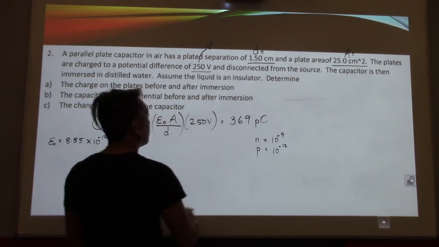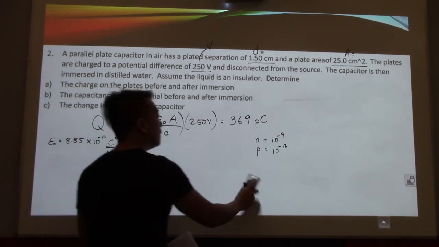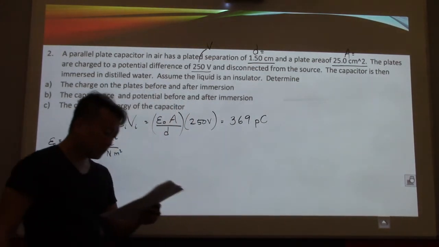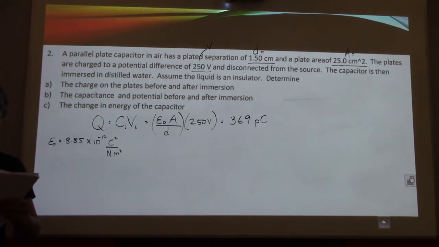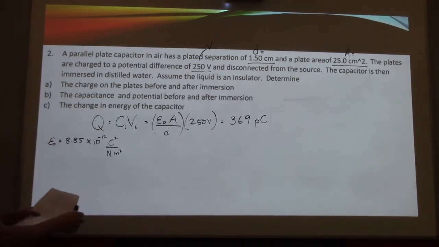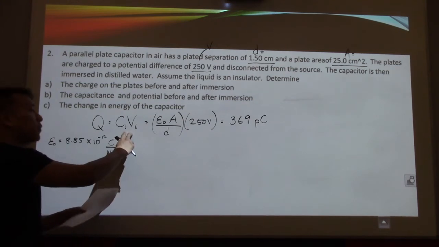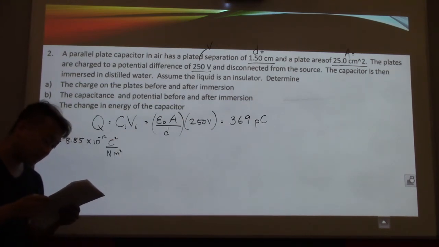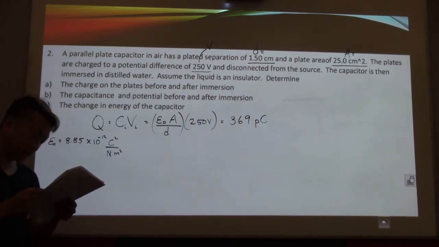Okay. All right. So that's before immersion, and let's see here. Oh, the answer sheet says that the charge before immersing it in water and after water is the same. It's the same value. Wow, that's interesting.